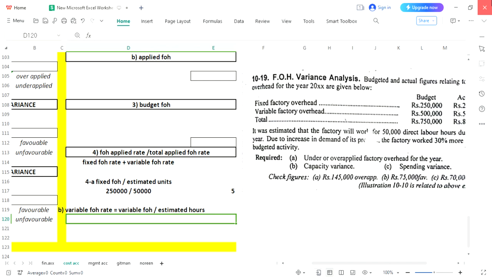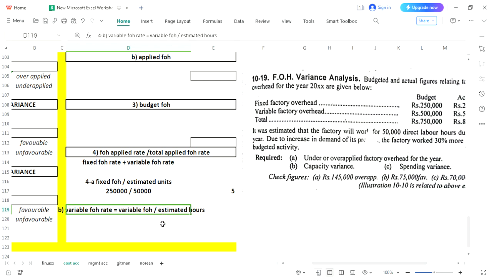Now we are going to calculate our variable FH rate. And how would you calculate your variable FH rate? For that purpose you need variable FH. Come over here. This is written variable FH, and again there are two amounts, but we are not related with actual. We will see only budgeted variable FH, which is 5 lakh.